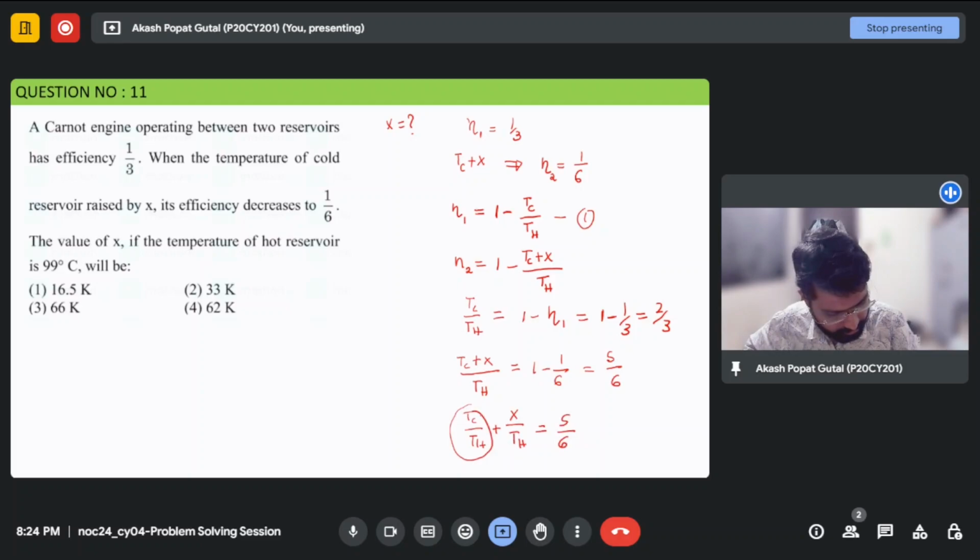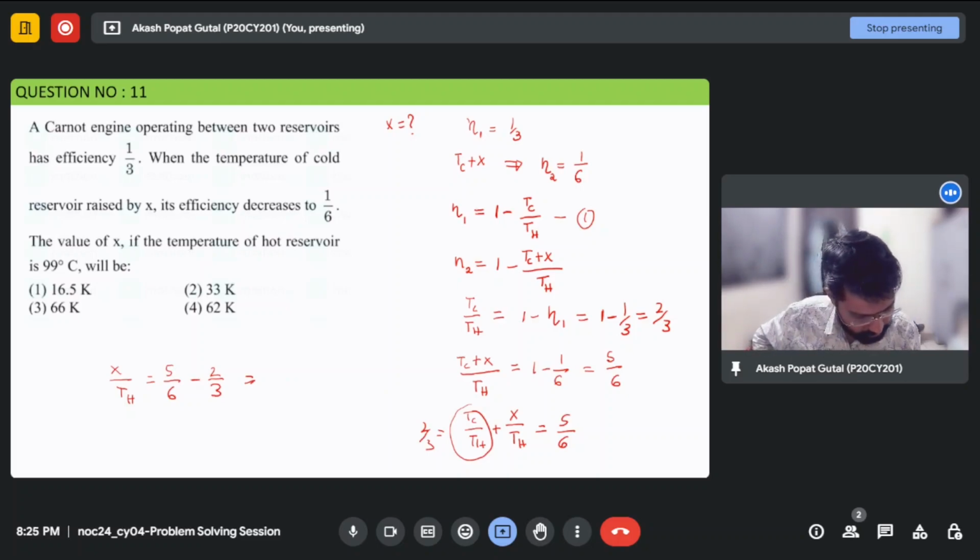And we know Tc by Th is 2 by 3. So x by Th is equal to 5 by 6 minus 2 by 3. Made a mistake.